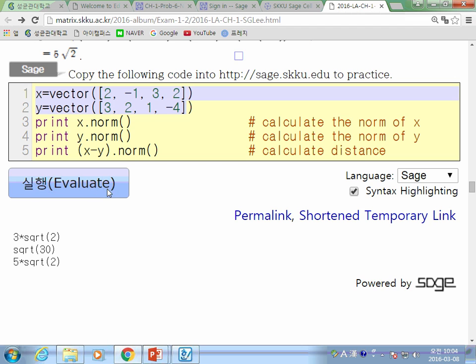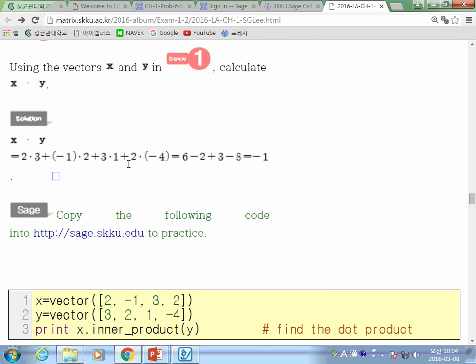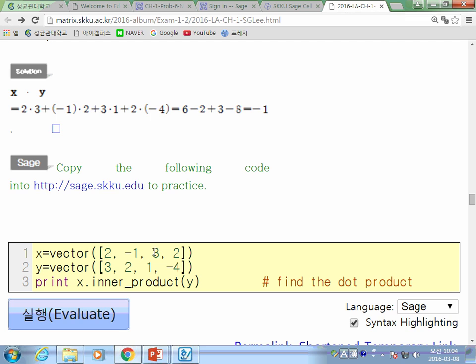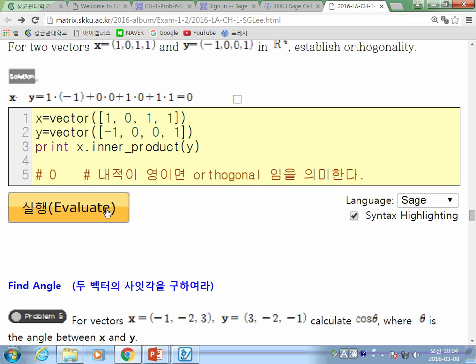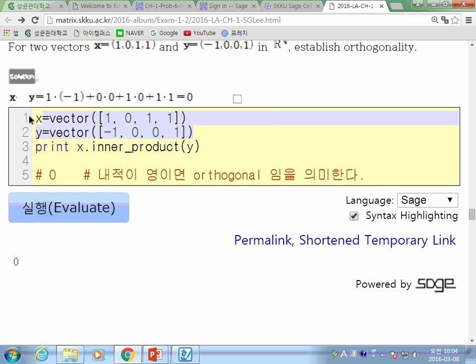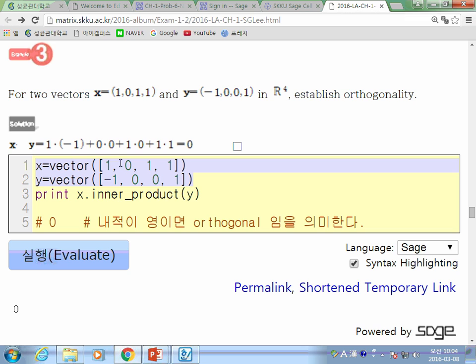You can find the norm of the vectors like this, and you can find the inner product of two vectors like this. You can change the vectors to not only R4, but also R5 or R10 or R25. You can find the inner product of any vectors of any size. You can check whether the given two vectors are orthogonal or not.